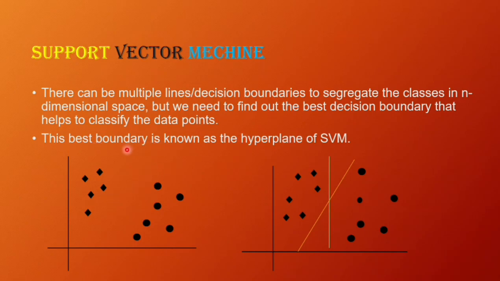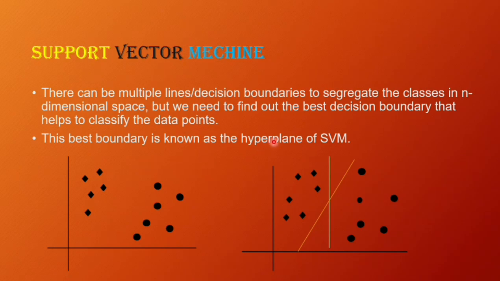I show one example below. See this example first. In this example, two different classes are present. One is star and second is circles. To separate this data, we use one hyperplane or one straight line.